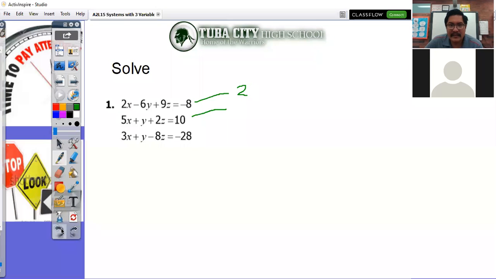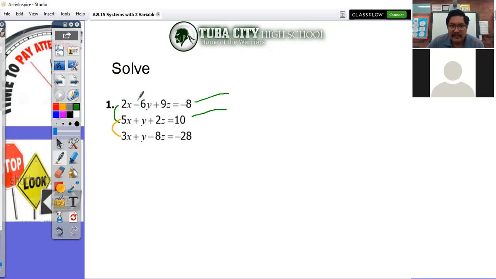But before that, let me look at the variable that I would need to eliminate. It looks like y would be one of the easier ones to eliminate, because in this case they're already the same. I have y and y right here. And if I need to pick a separate set, there's my first two and my second two.